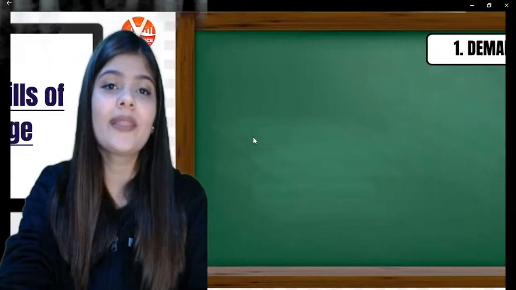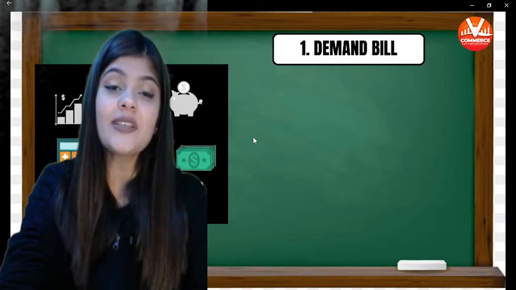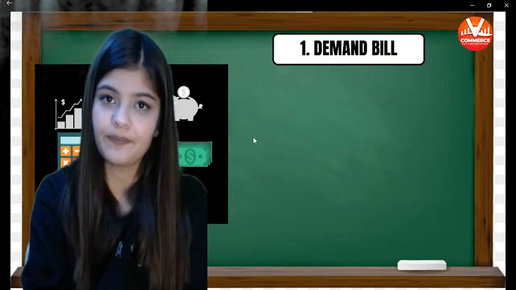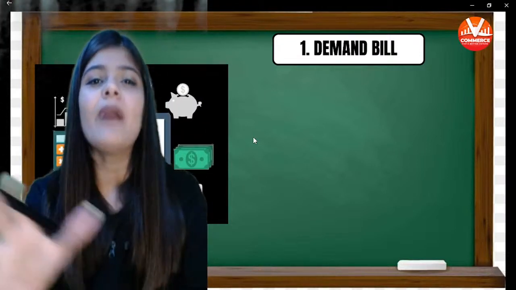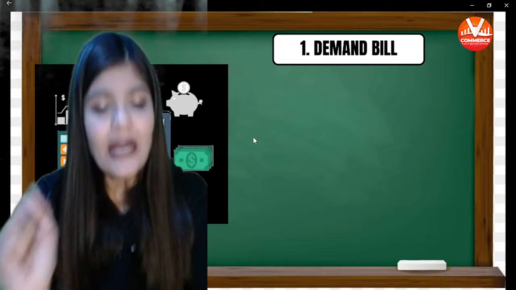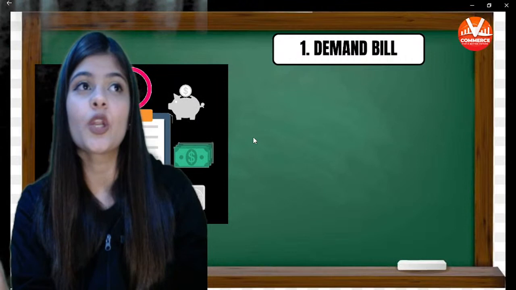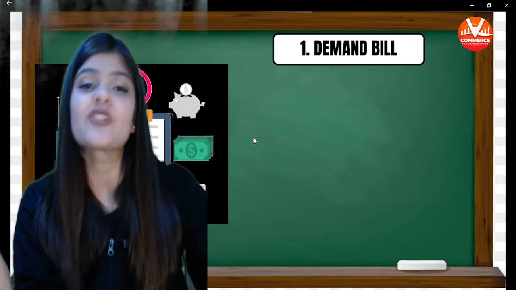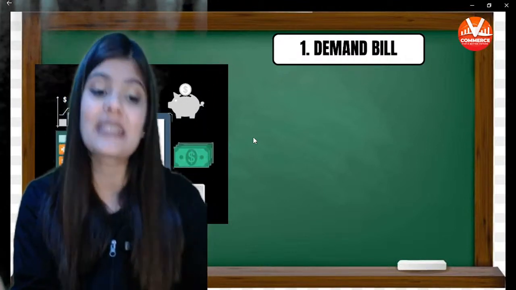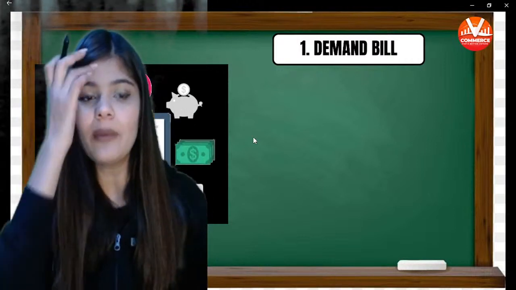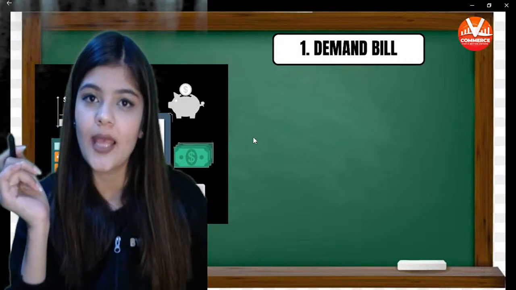So starting with the first is demand bill. Now what is demand bill? Demand bill का मतलब होता है a bill of exchange in which no date is mentioned, no date is specified. तो demand bill में कोई भी date नहीं होती.